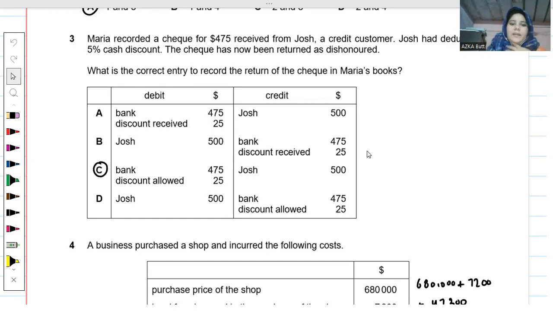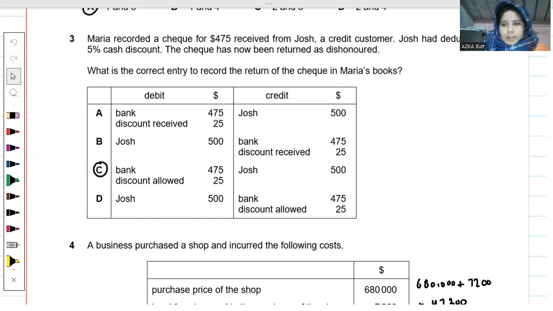So basically, today we are going to start our accounting paper 1 variant 2. This is basically for Pakistan specifically, but if you want to do some practice because maybe you want to appear in the May June session 2024, in that case it would be useful for you.